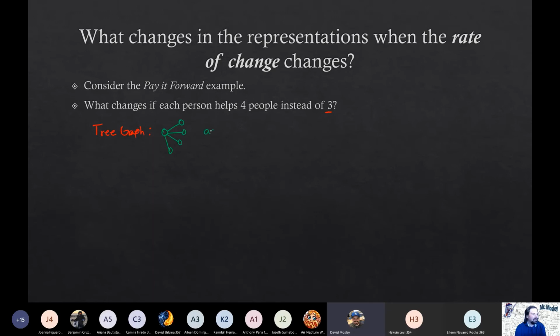We need to add another branch to each person. All right, so we're gonna have to add that extra branch. So that's how we can visually see that change from the first example to then changing it to 4 people, right?